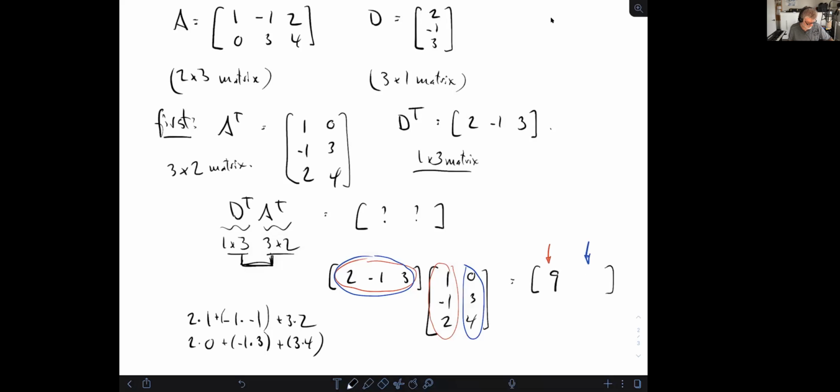So that's 9. So I messed up, and now I'm good. Doing arithmetic live like that is harder than it looks.